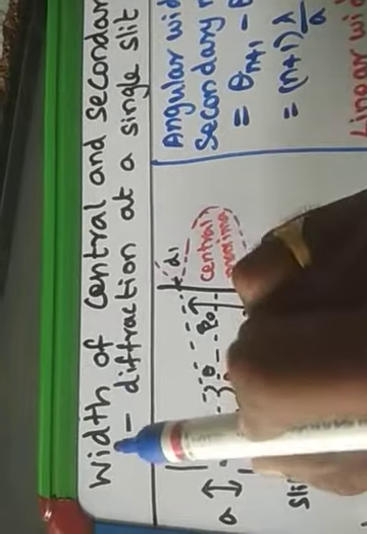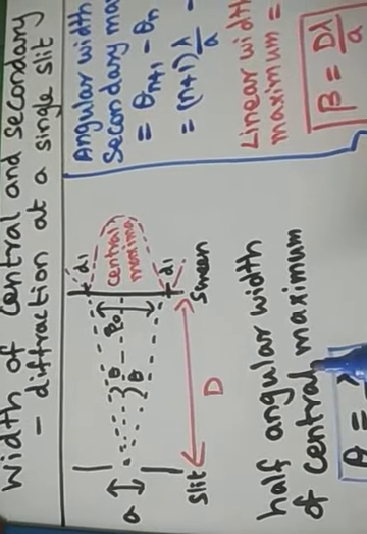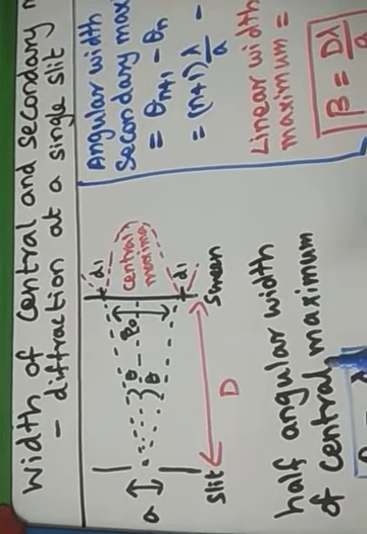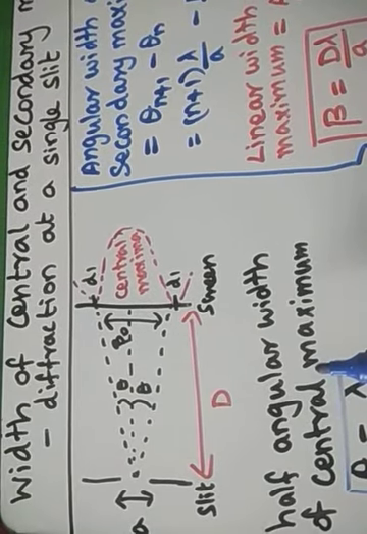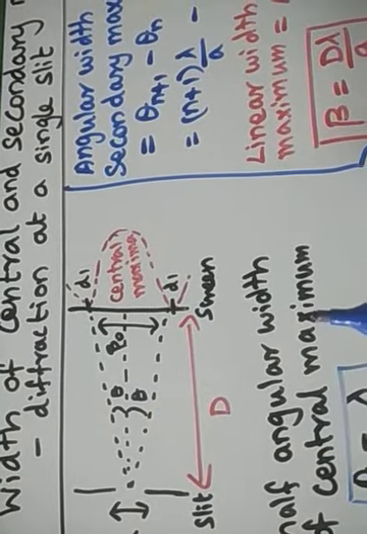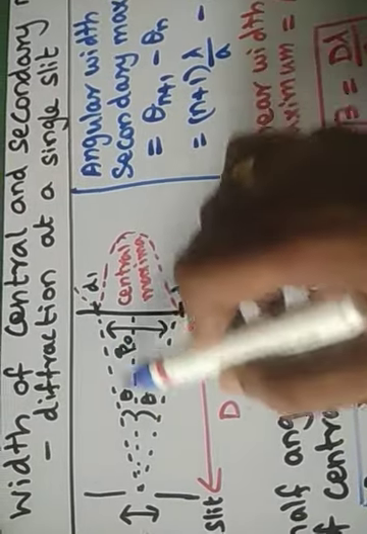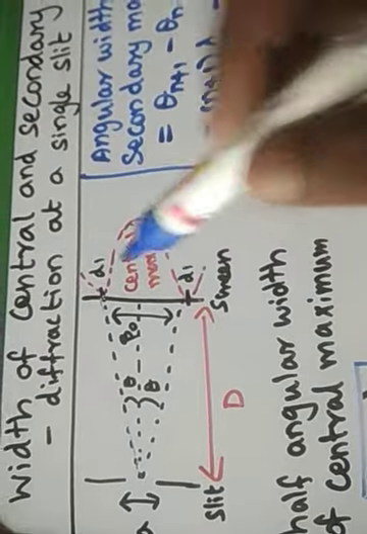So what is the condition? The width of the central maximum and the secondary maxima. What is the angular width of the central maximum? The angular width of the central maximum is defined as the angular separation, angular separation means theta, between the direction of the first minimum and the central maximum on the two sides of the central maximum.